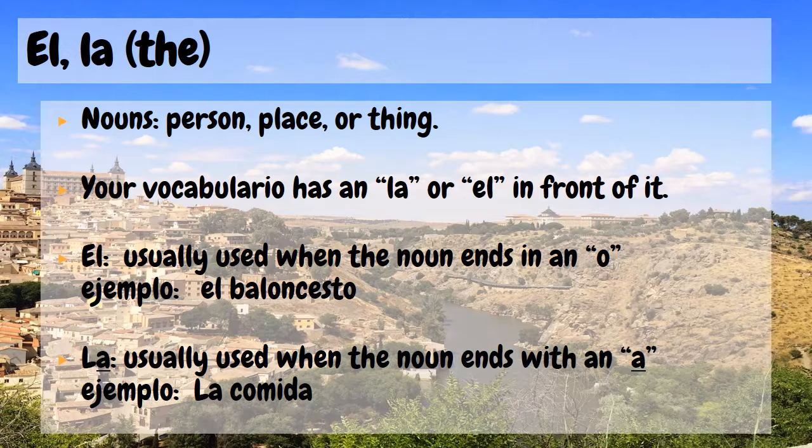So if it's mochila, how you say "the backpack" is la mochila. If you want to say cuaderno, notebook, but you want to say "the notebook," then it would be el cuaderno. So the two examples that I have here are el baloncesto, so that's masculino because it ends in an O, and then we have la comida, the food, and it's feminine because it ends in an A.